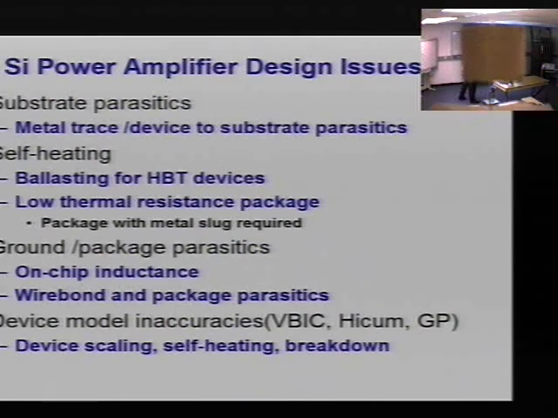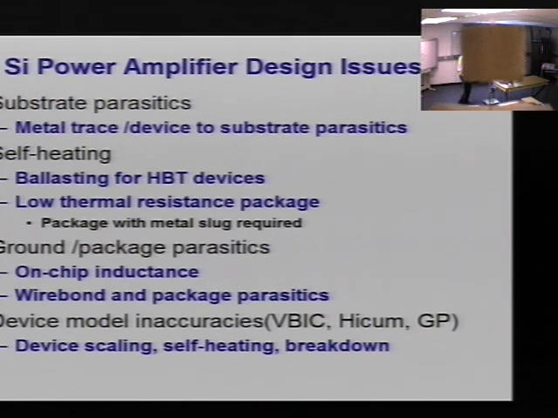And then, of course, there's a bunch of acronyms here. GP is Gummel-Poon, an old model that folks came up with, pretty good for low currents, but with the relatively new types of device sizes and technologies, it's probably not as accurate and helpful at the high currents.